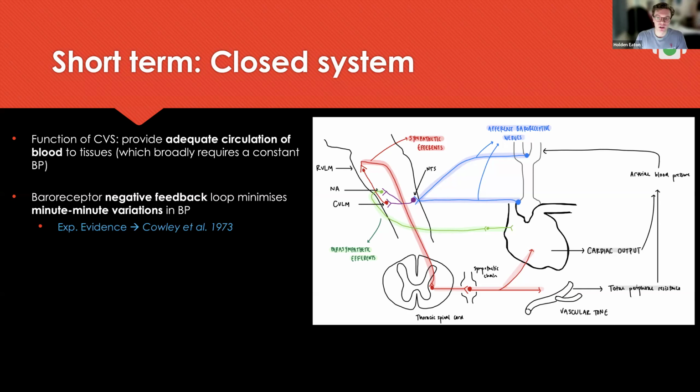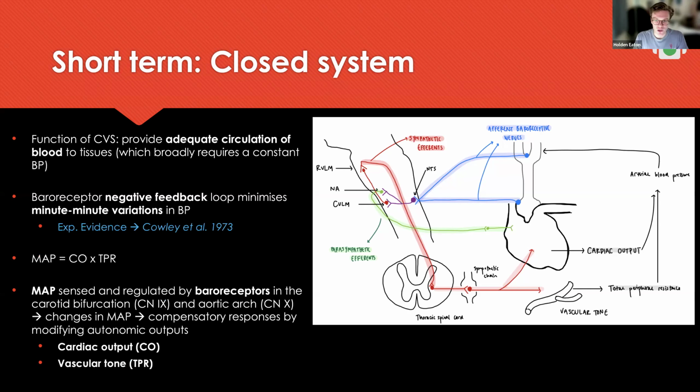But for simplicity's sake, this system is made up of baroreceptors in your carotid body and aortic arch, and these are stretch-sensitive receptors embedded in the walls of the arteries, which detect changes in mean arterial pressure as stretch in the vessel. So as pressure goes up, there's more stretch, and then more signal into this closed loop system.